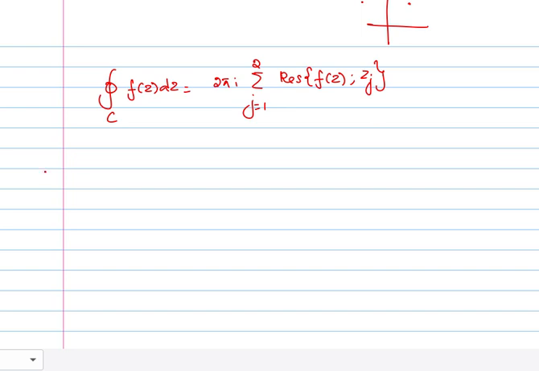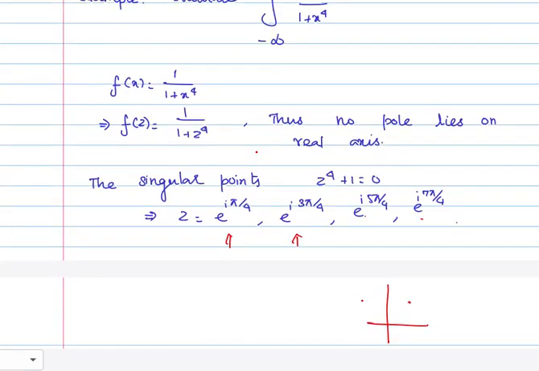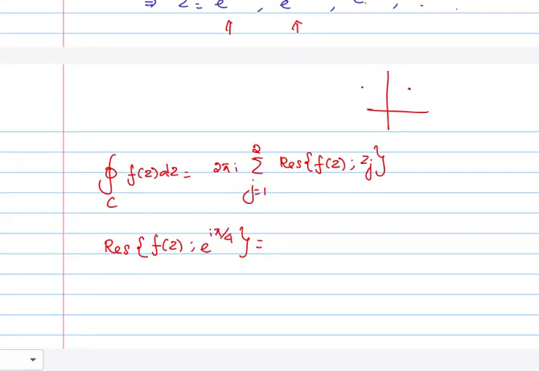First I want to find the residue of f of z at exponential of i pi divided by 4. Because it's a simple pole only, you can use the first or second formula, or you can use the third formula, which I think is very useful here.